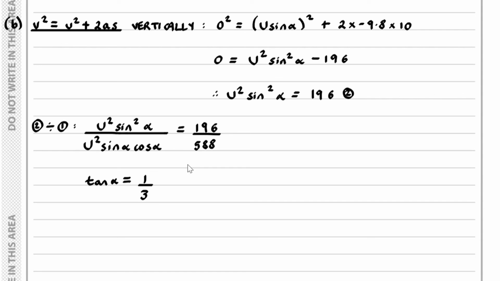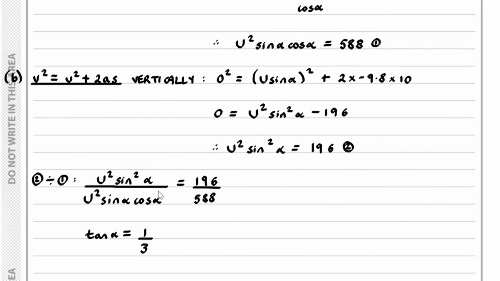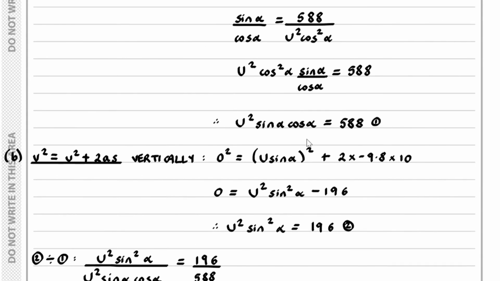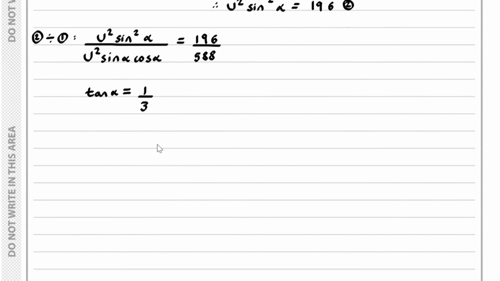Now, what we need to do is find out what u squared is. And for us to find out what u squared is, I need to find out what sine alpha is and cos alpha. So if I know that tan alpha is 1/3, what we can do is form a right-angled triangle, such as the one here.